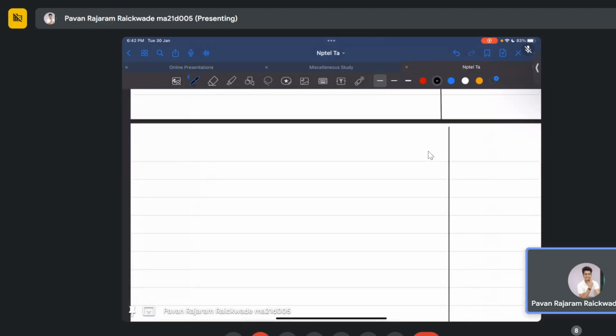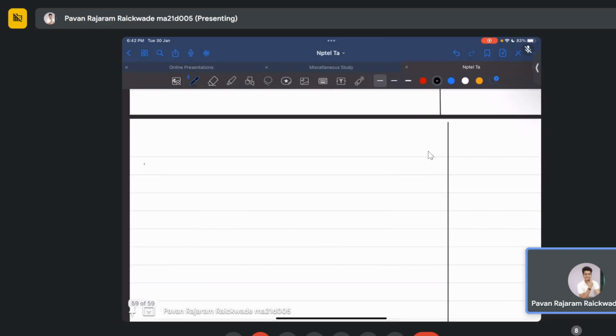So now let's go to 2. Show that rx is nilpotent for any r belongs to the ring, right?